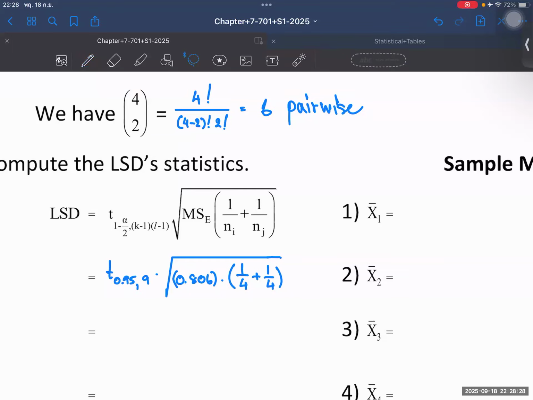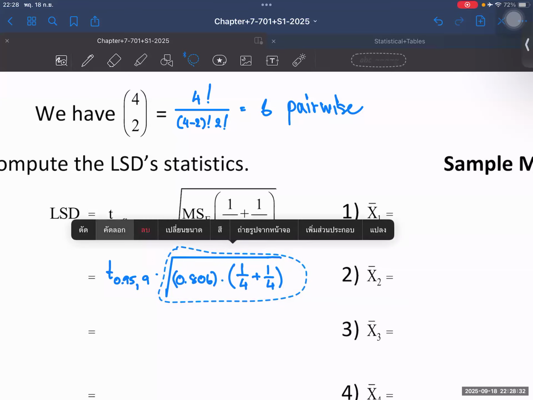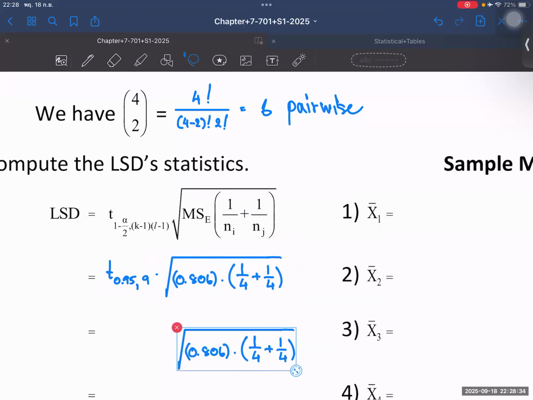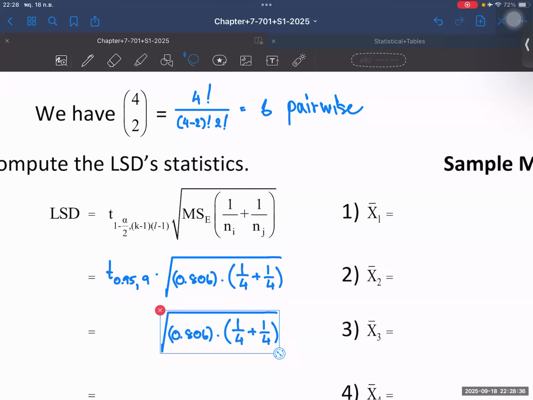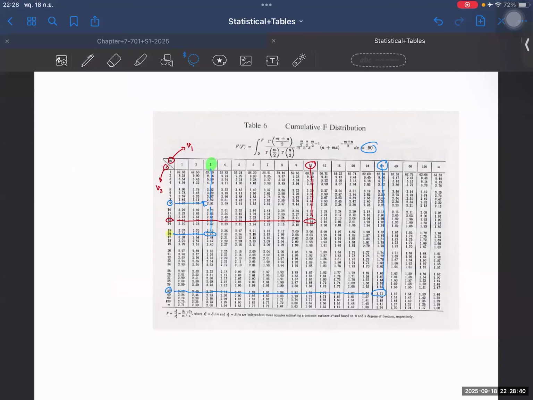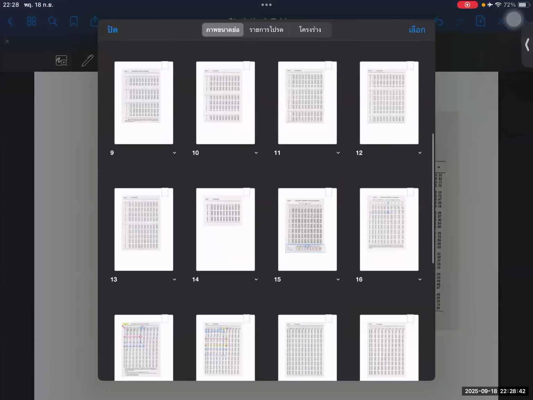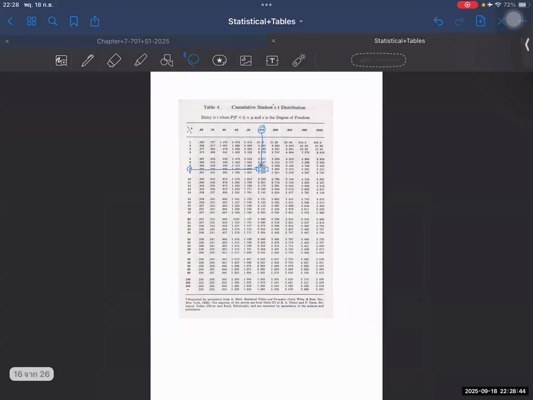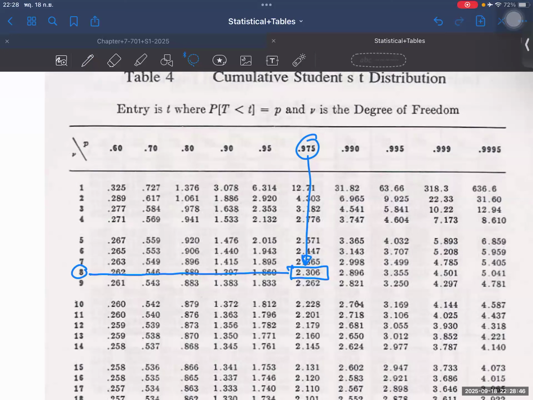So we will see the value of the t, 0.95 with 9 here.